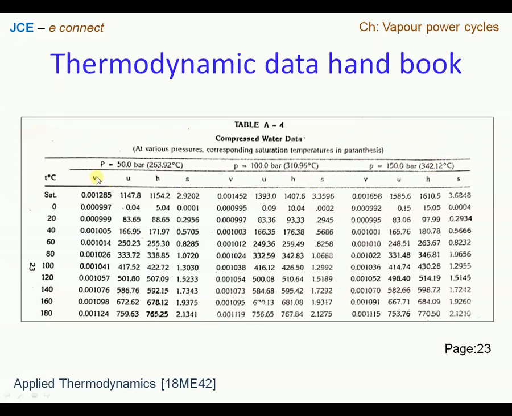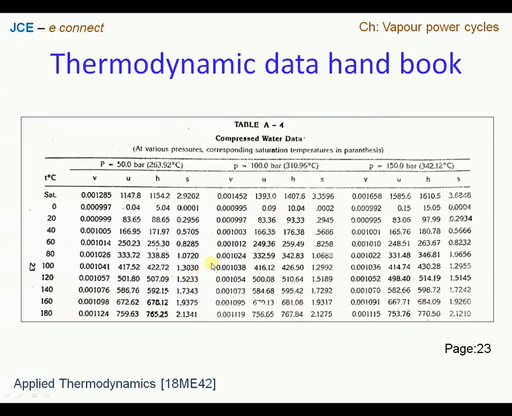So we have specific volume column here, we have internal energy column, we have enthalpy values, we have entropy values, likewise for others. So knowing the particular pressure or the temperature, one can find out either the specific volume or internal energy or the enthalpy value or the entropy values from this data table.